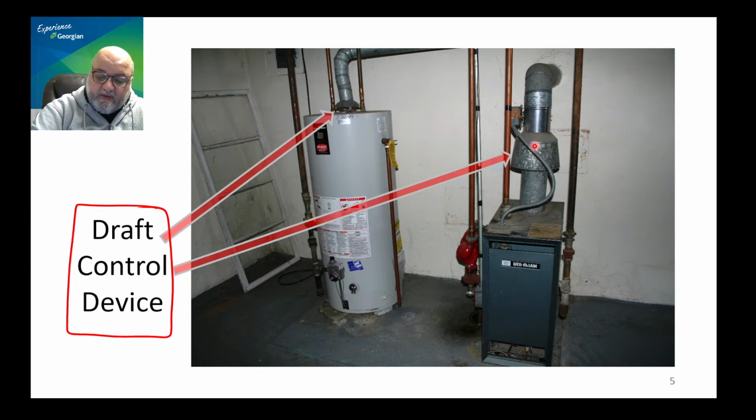And we know that draft control devices allow air to go from the room where the appliance is, right? This is what a draft control device is doing right now. It is allowing air to go into the draft control device and mix with the combustion products.